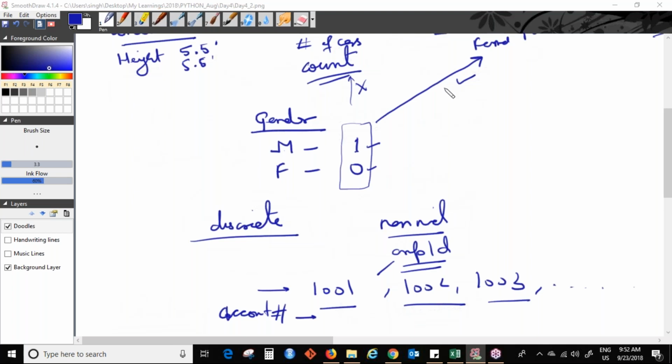What about the others? That is correct, Vikram. Continuous should accept decimals also. Harsh says that account number or employee ID is not nominal. Then what are they, Harsh? Which one do you think they are?